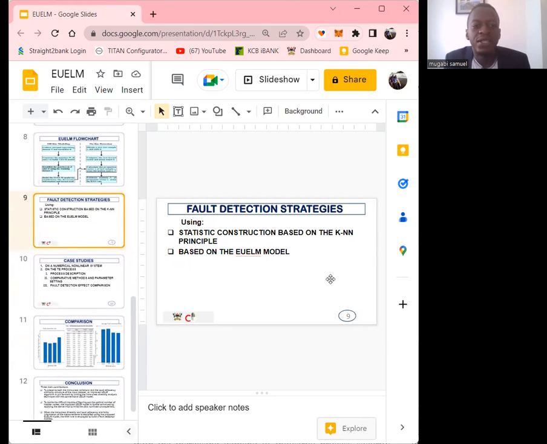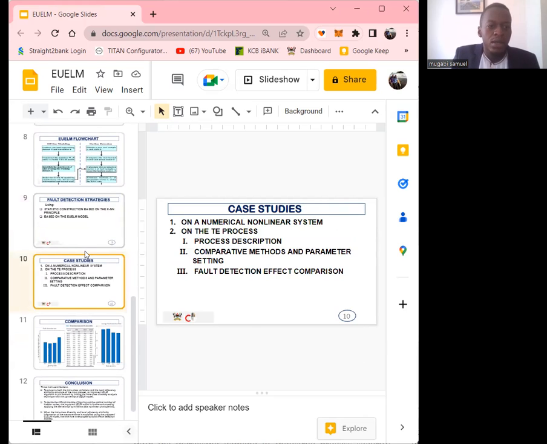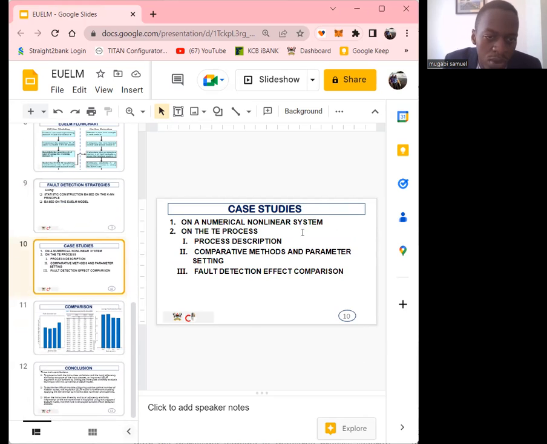These are the fault detection strategies that were given in the paper: statistic construction using the KNN principle and also the enhanced unsupervised model that we are discussing right now. A number of case studies were followed, one being a numerical nonlinear system, and the other the Tennessee Eastman process, which is very significant in this discussion.